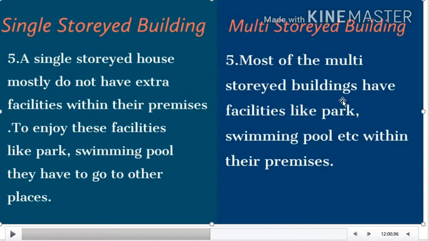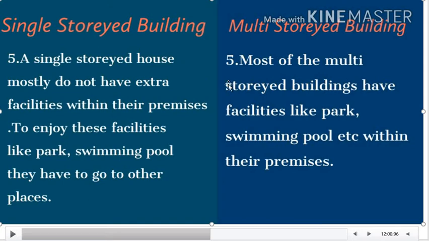Most of the multi-storied buildings have facilities like a park and swimming pool within their premises, whereas to enjoy these facilities they would otherwise have to go to other places. Yes, most probably, unless you have a villa, a mansion, a big house or a farmhouse, you don't build a swimming pool within your house, correct?